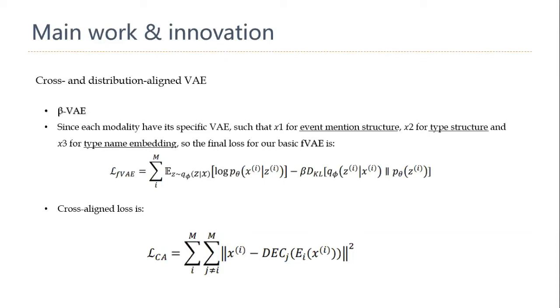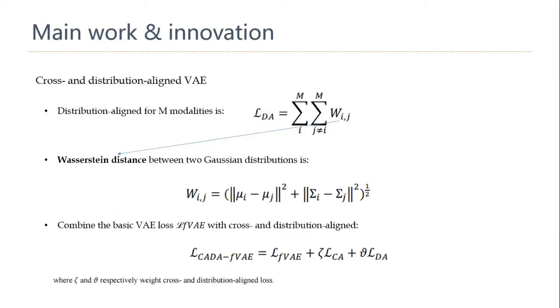It's just like this. And the distribution aligned loss for m modalities is like this. And Wij is the Wasserstein distance between two Gaussian distributions.